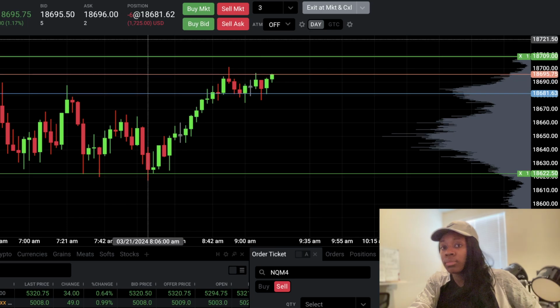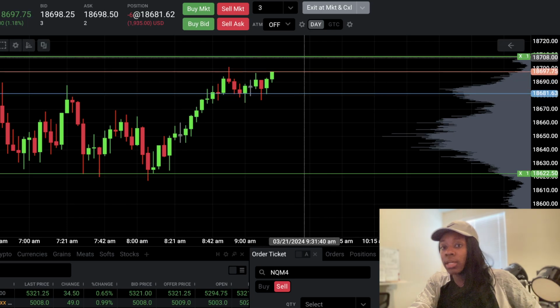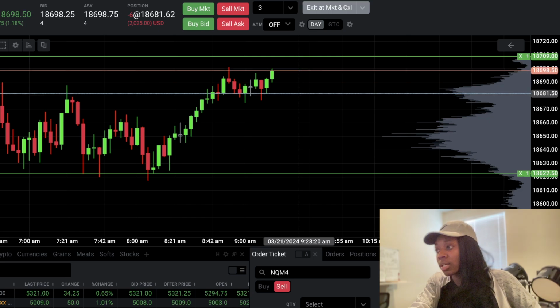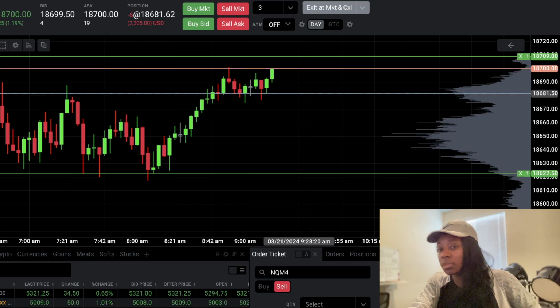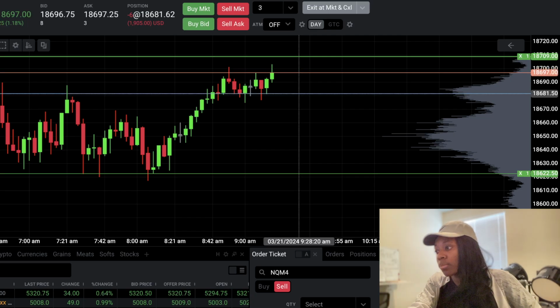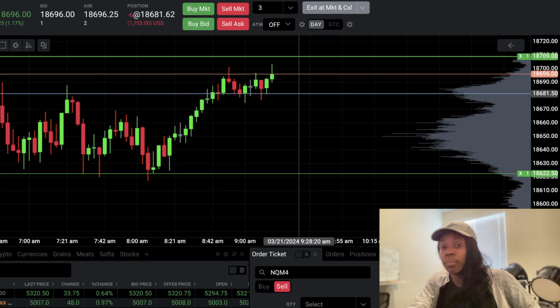This line up here represents my stop loss, and this represents where I entered the trade. Oh my God, added to this position way too soon. I don't think this is gonna, this might be a really short trade.